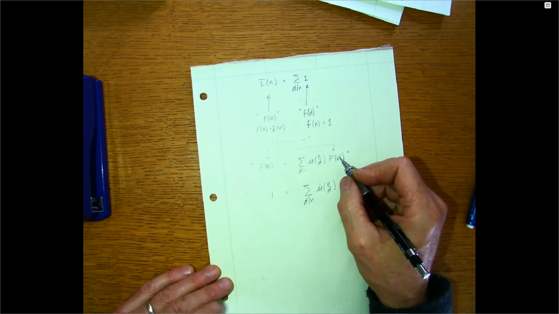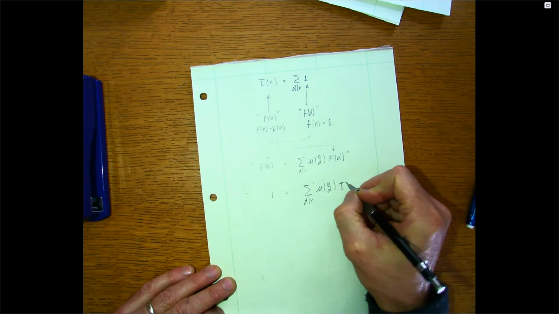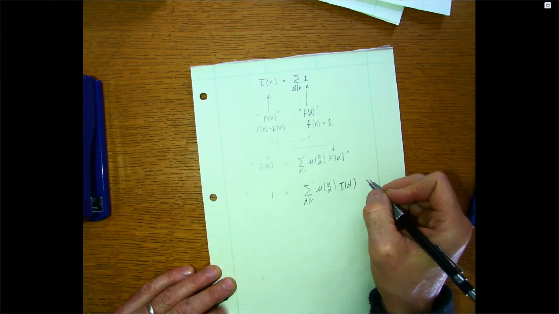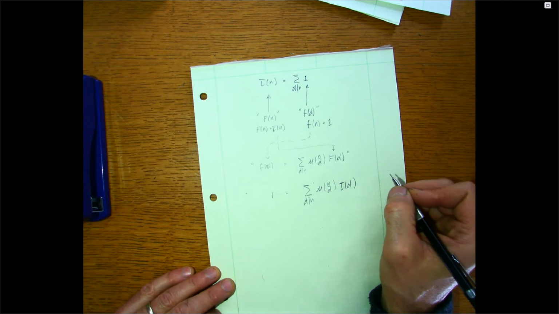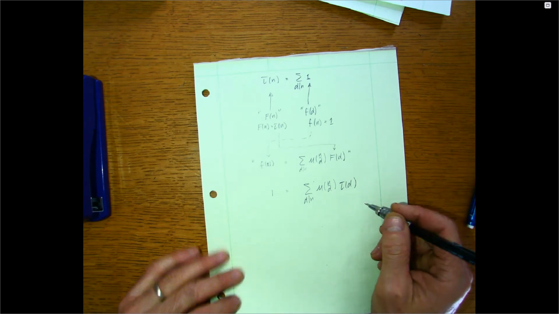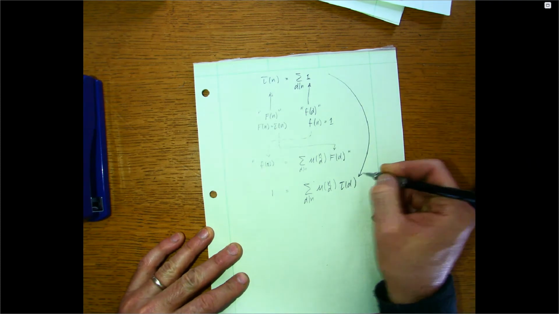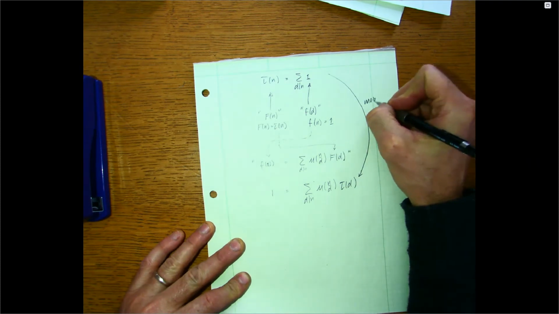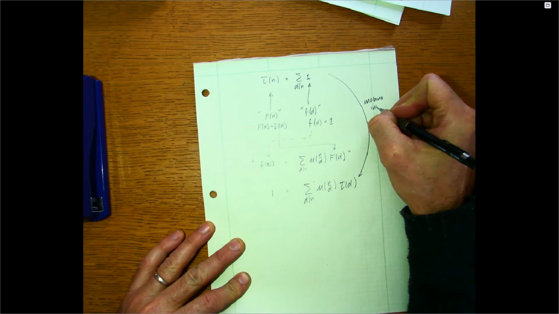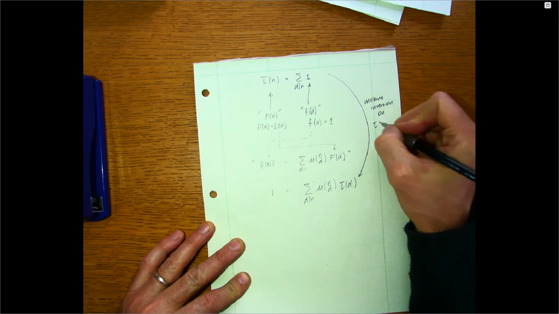And big F of d is really just tau of d, evaluated at d. So this is the implication of Mobius inversion on tau of n.